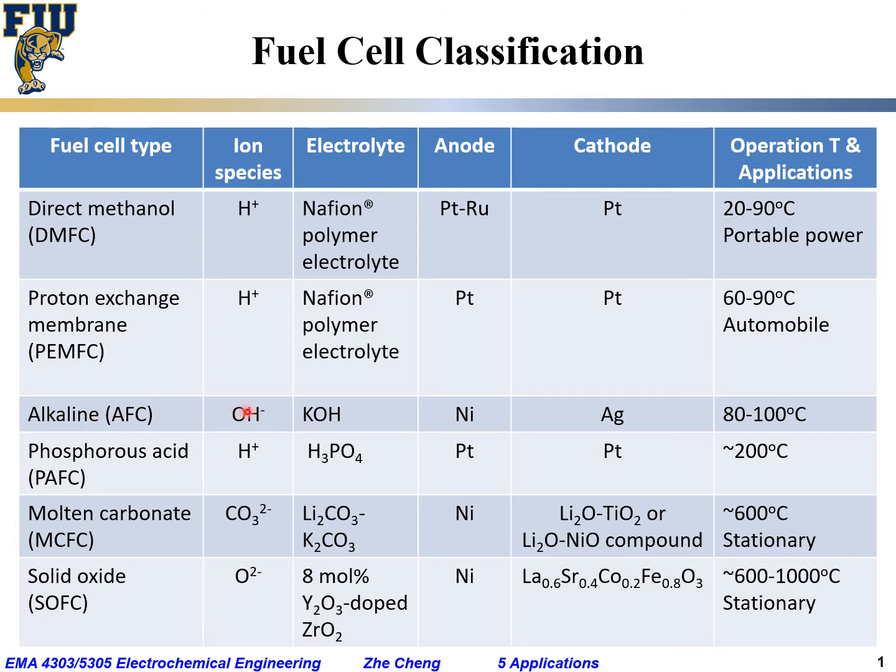The third type of fuel cell is called alkaline fuel cell, or AFC. Of course, the ionic species that gets transported in this case would be the hydroxyl group, OH minus, and the electrolyte quite often would be potassium hydroxide, of course dissolved in water in most cases. The anode would be nickel metal, and the anode is in contact with hydrogen gas. The cathode can just be silver metal.